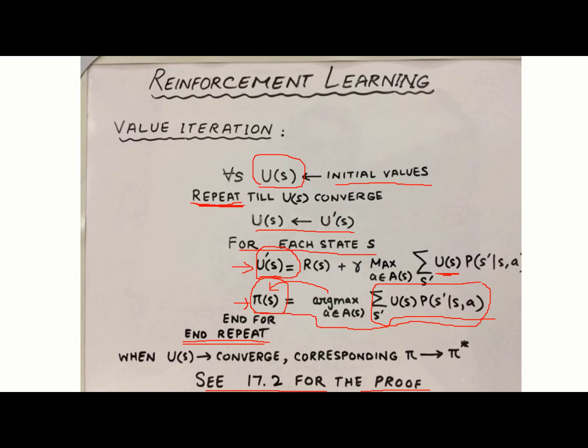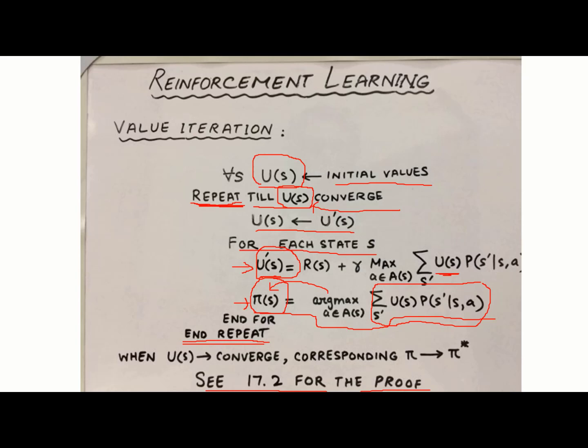And obviously these are going to be updated as we go through the iterations, and these iterations will eventually stop when we see that there is no significant change occurring in the u of s, that is the expected accumulated rewards.